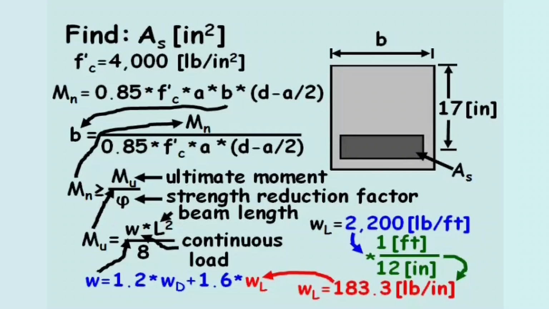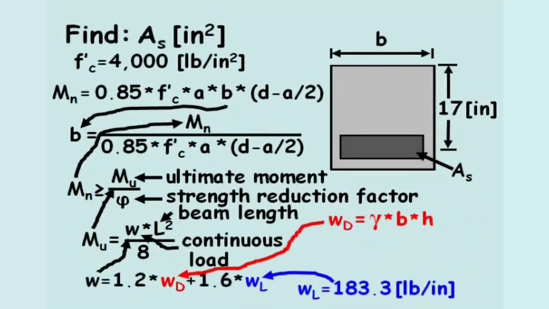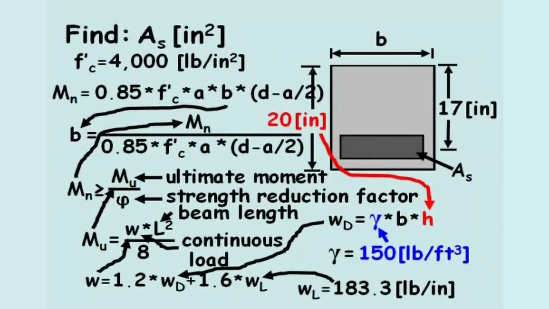183.3 pounds per inch. The dead continuous load will equal the density of the beam times the cross-sectional area of the beam. For reinforced concrete, it is typical to assume a density of 150 pounds per cubic foot. The height of the beam is 20 inches, and the width of the beam, B, is unknown.